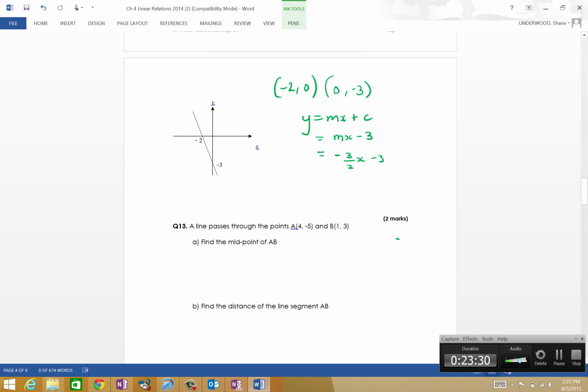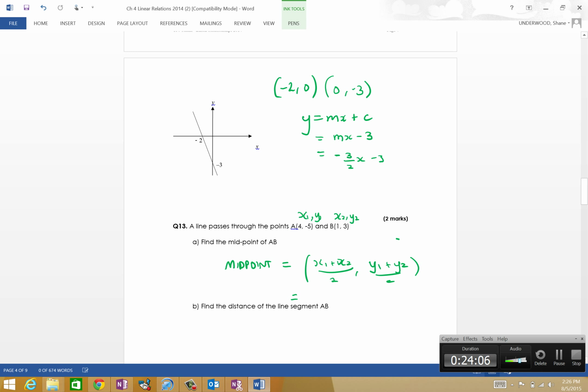Well, the midpoint is like finding the average. There's a formula for it too, but it's actually just finding the average. This is x1, y1, and this is x2, y2. So the midpoint is x1 plus x2, divided by 2, and the same thing with y1 and y2.